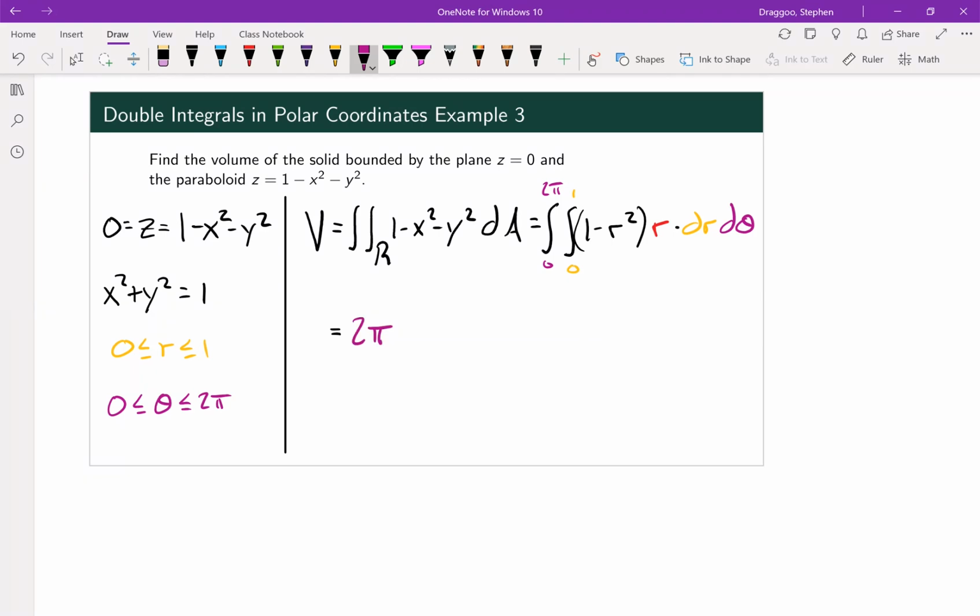So that'll be 2 pi times the rest of the integral. We're integrating r minus r cubed, since we had to multiply that r in. So we're looking at r squared over 2 minus r to the 4th over 4, if we integrate each of r and r cubed. And that thing's got to be evaluated from 0 to 1.